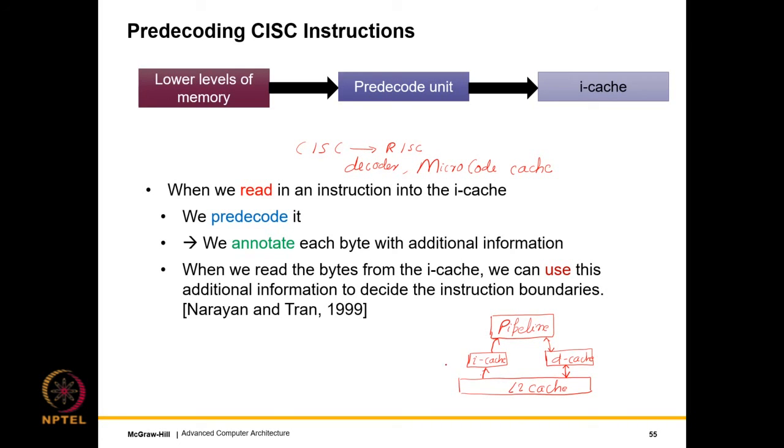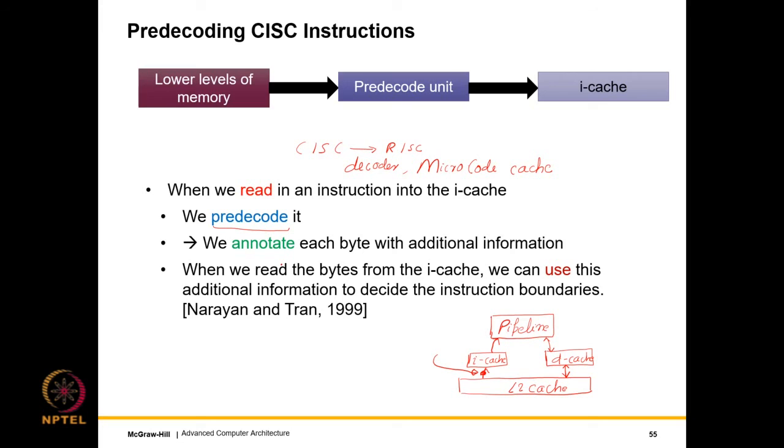It doesn't matter. What we care about is this step where we are reading instructions into the instruction cache, right? When we are doing it, we have a little decoder over here, which we call a pre-decoder. Here, if let's say we read in 16 bytes or 32 bytes at a time, we annotate each byte, which means the instruction cache has some additional bits for each byte.